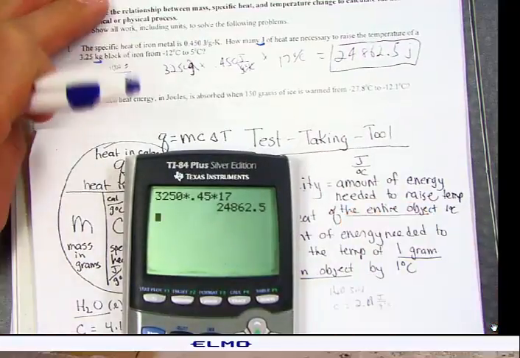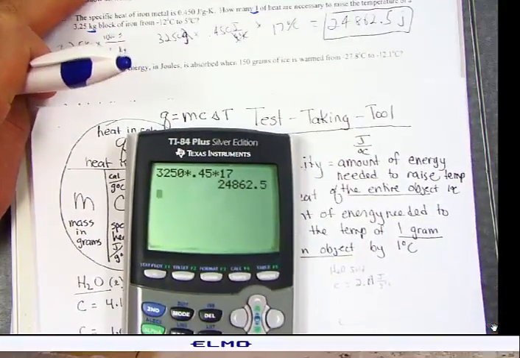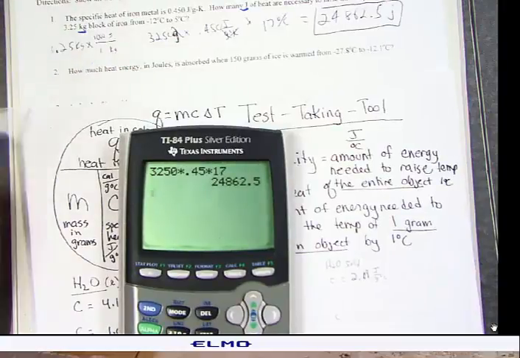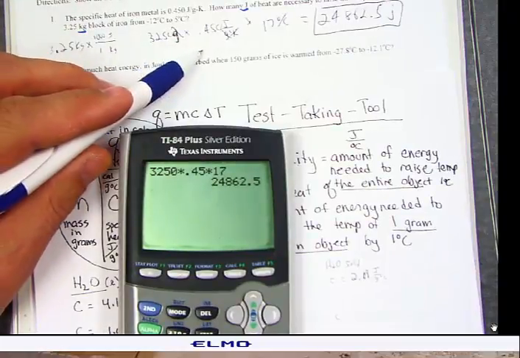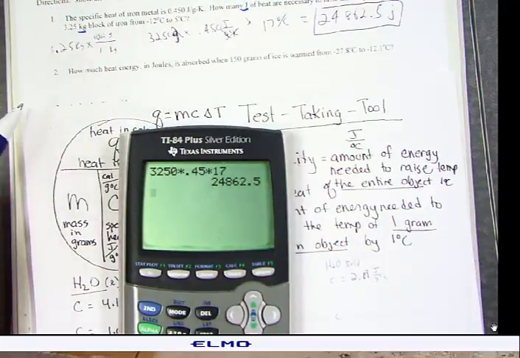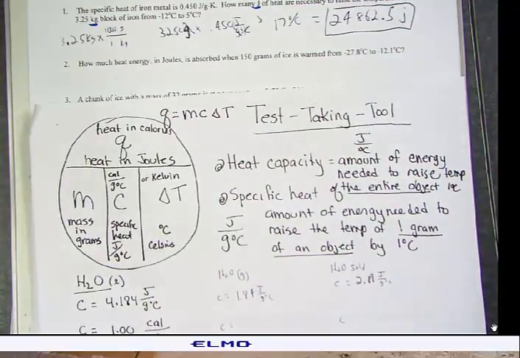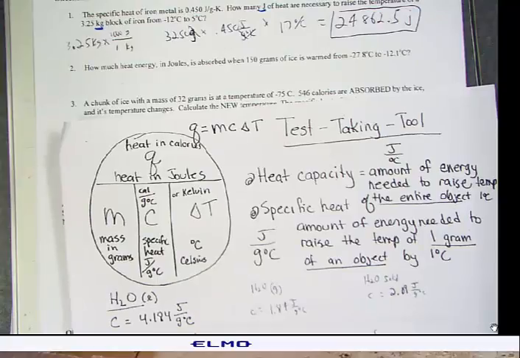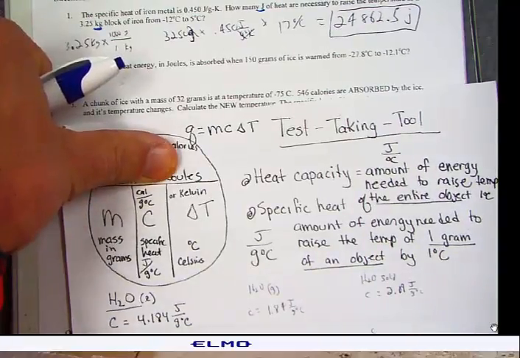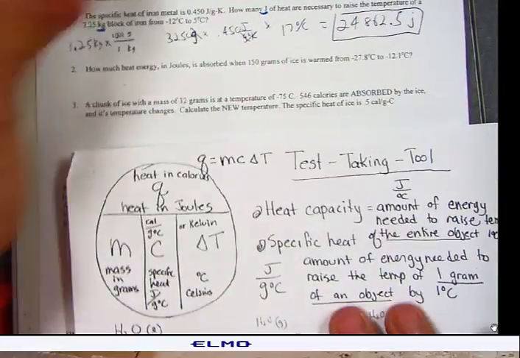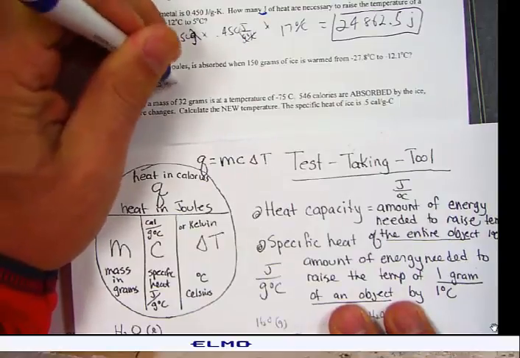The next one also wants to know how much heat energy in joules is absorbed when 150 grams of ice is warmed from -27.8 to 12.1. So I'm also after heat. Heat is MC delta T. The mass of the ice is 150 grams.